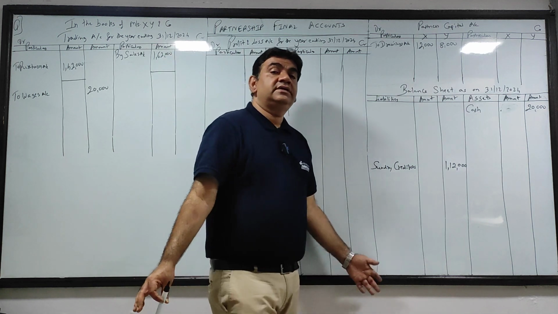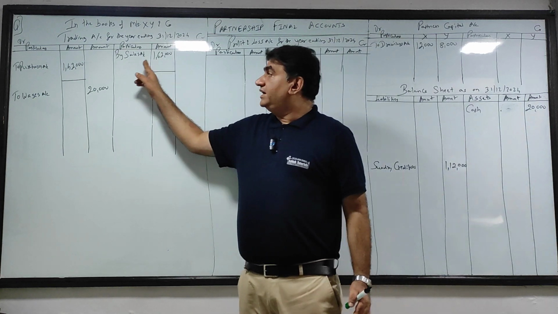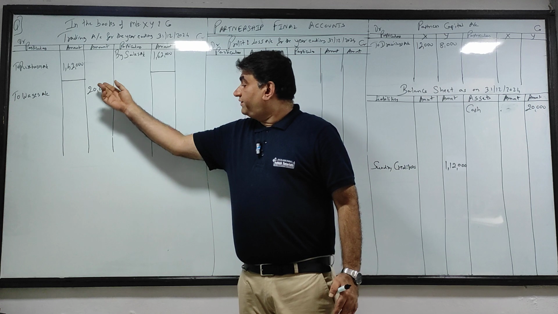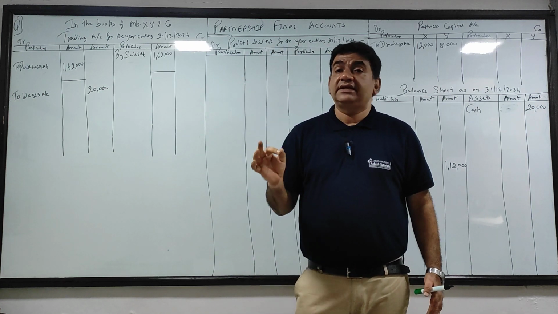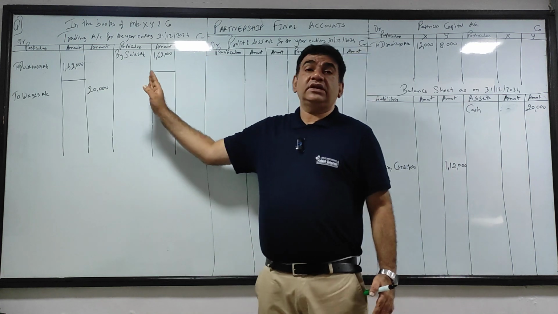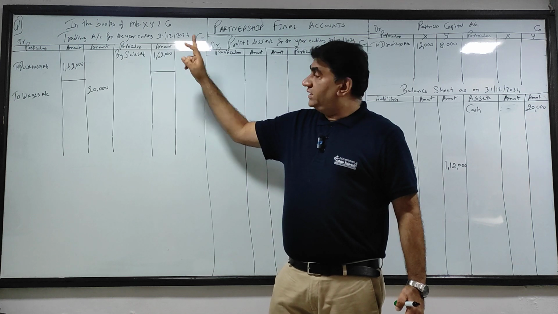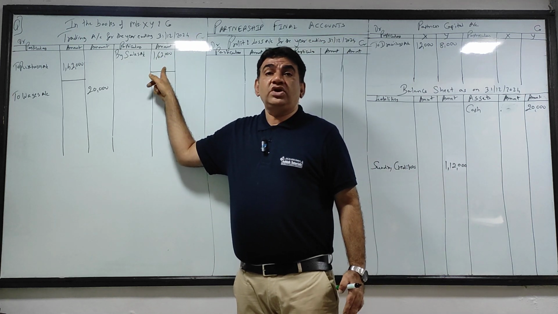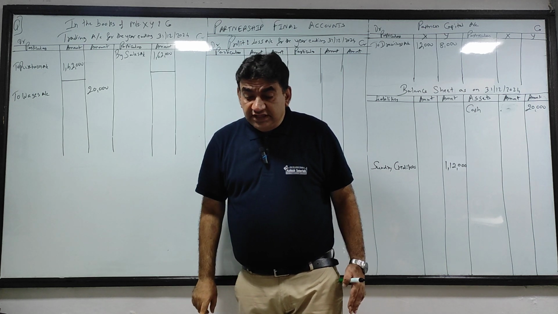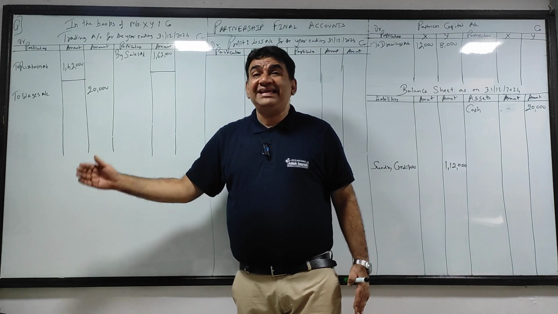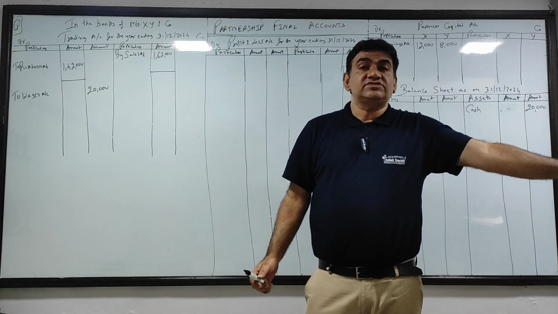Sales return. We know the SYJC basic: whenever we write purchase and sales, the figure which comes outside will always be net purchase or net sales. Net means after all adjustments. During the year I have sold goods worth 162,000, but out of that, 10,000 worth of goods my customers have returned. That is not to be treated as my sales.